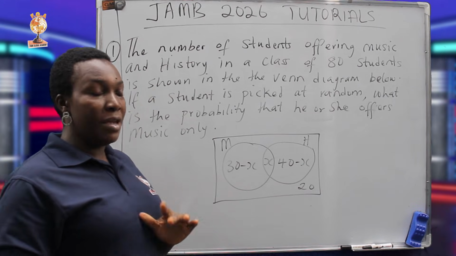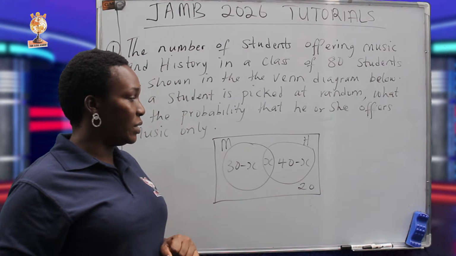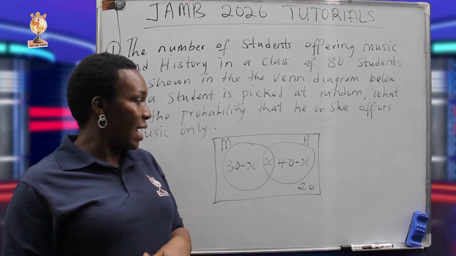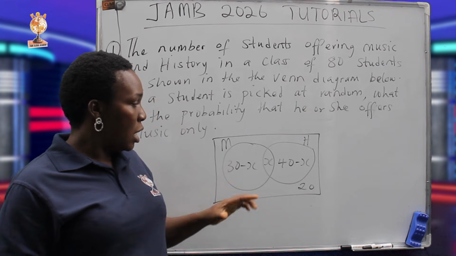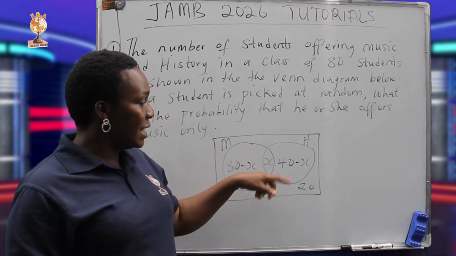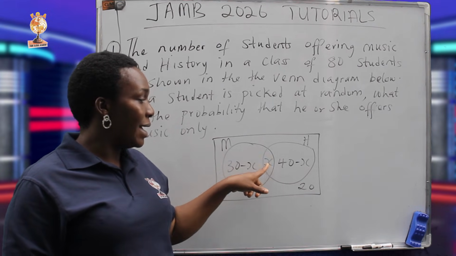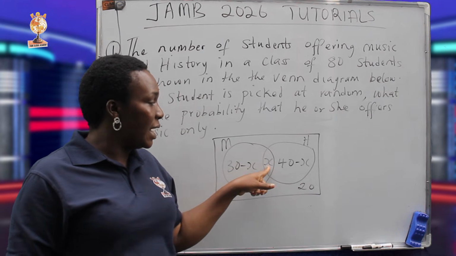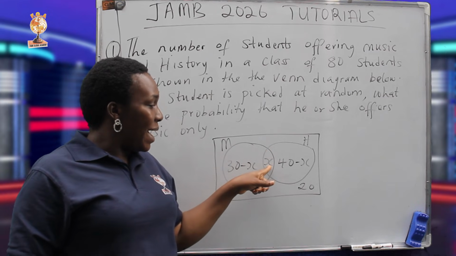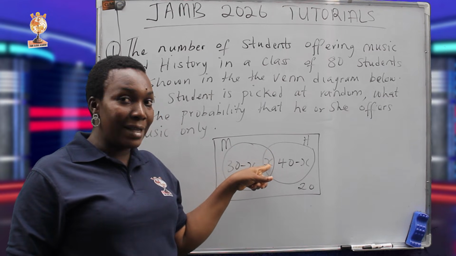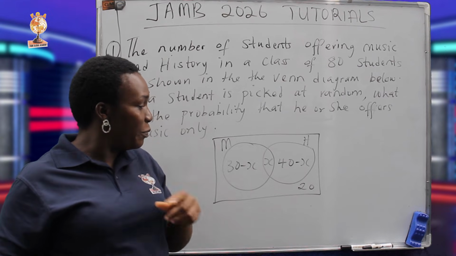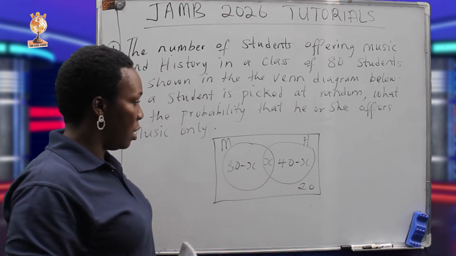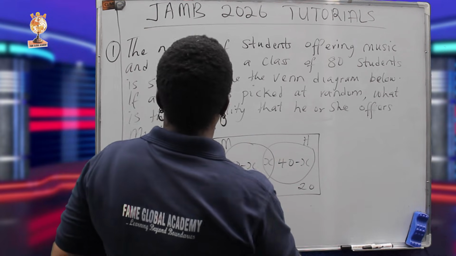Okay, now let me explain this Venn diagram before we start the solving. You remember that in sets, where the two circles meet together is the intersect. So this x is telling you that whatever you're going to get as your x, they are the number of people that study both music and history. Okay, all right, so let's solve.